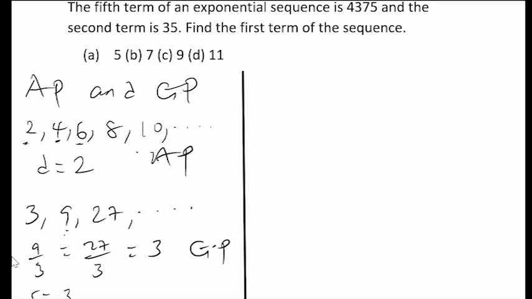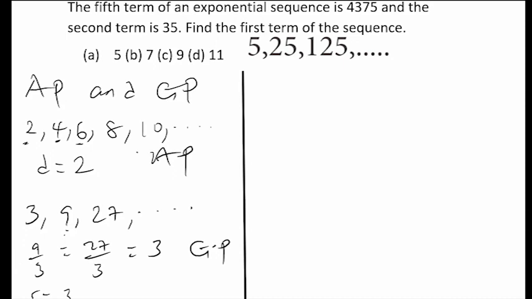Now, how do we know an exponential sequence? An exponential sequence, as the name implies, is any sequence in which each of the terms has the same base, but the power is different. The power might be increasing. What do I mean? Take, for example, 5, 25, 125, and so on.